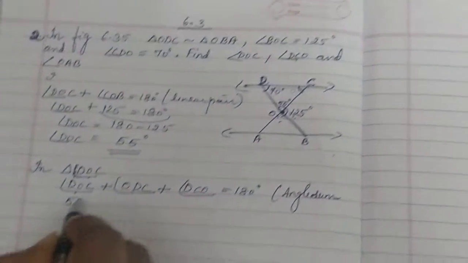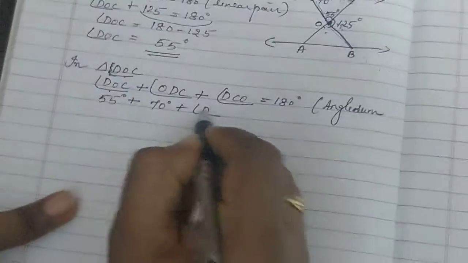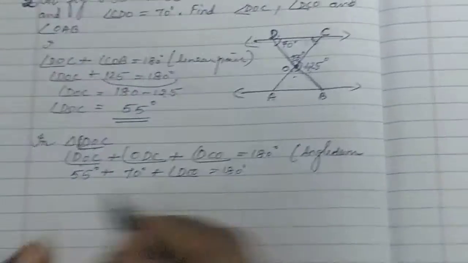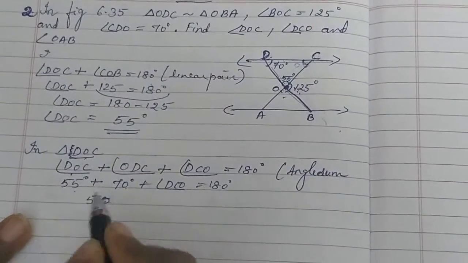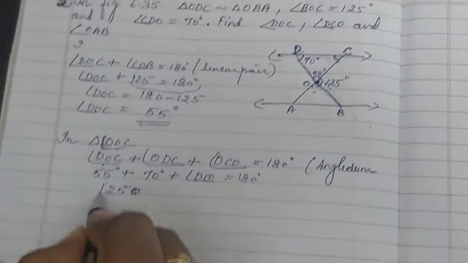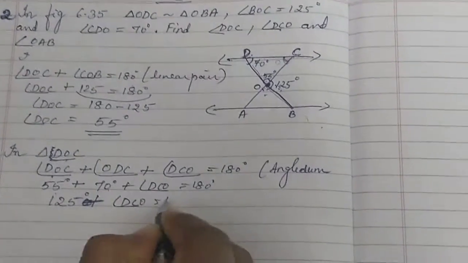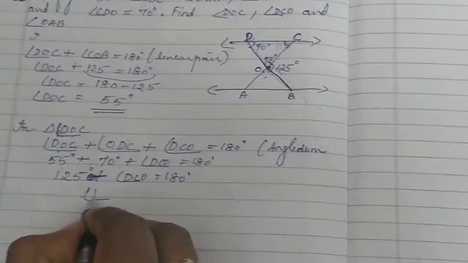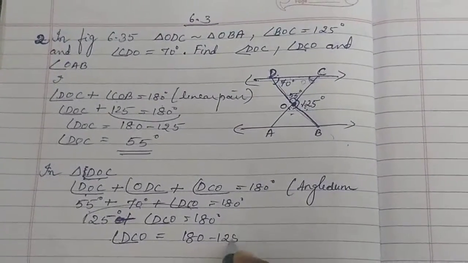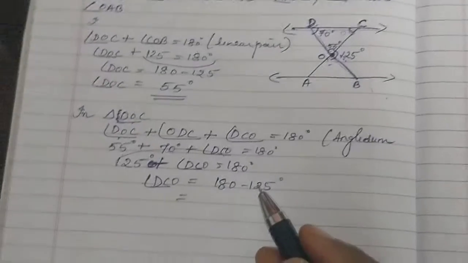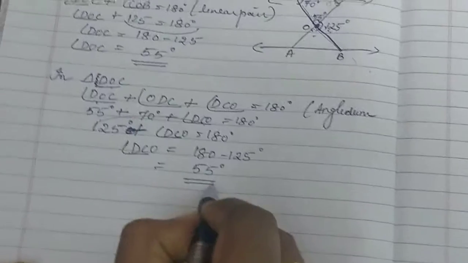DOC we already got as 55, and D is 70 degrees, plus DCO, which we don't know, is equal to 180 degrees. So 55 plus 70 is 125 degrees, plus DCO is equal to 180 degrees. So now we have to find DCO. You have to transpose 125 to the other side. So 180 minus 125. What is 180 minus 125? It's 55 degrees.